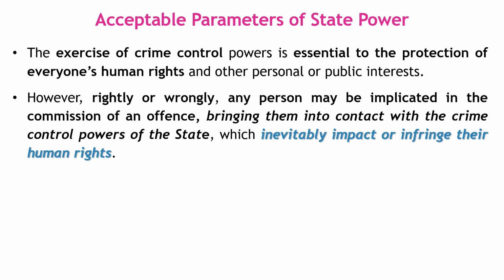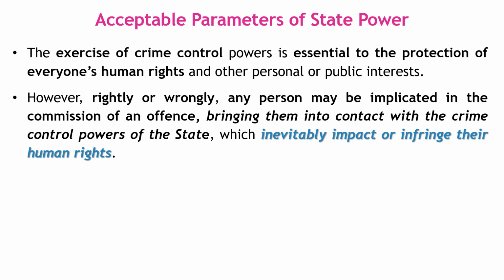However, we should also note that while crime control powers are necessary, and something like investigatory powers by police is necessary in order to obtain evidence, for example, rightly or wrongly, any person may be implicated in the commission of an offense. And the moment a person is implicated in the commission of an offense, they are brought into contact with these crime control powers of the state, these crime fighting powers or investigatory powers.